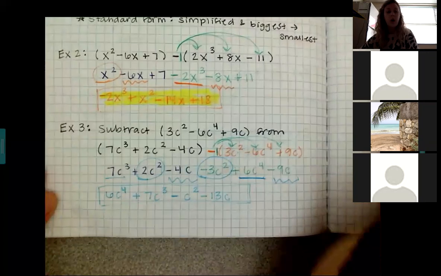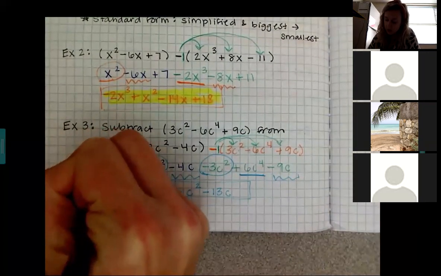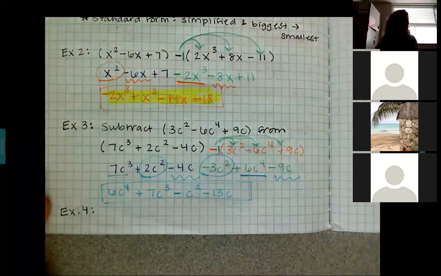Last thing I want to show y'all, example 4. This is going to lead us into what we're going to be doing on Tuesday. So we're going to do this one together.